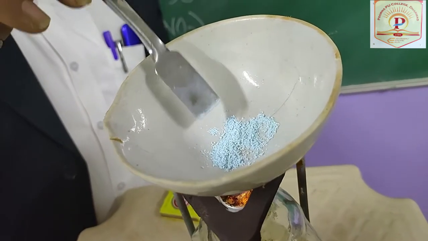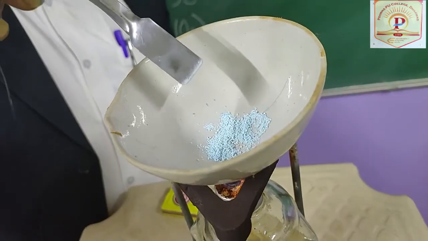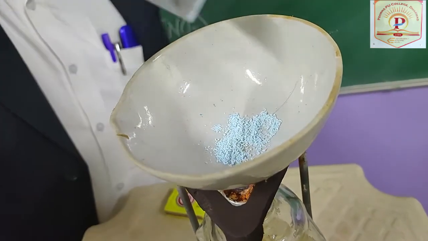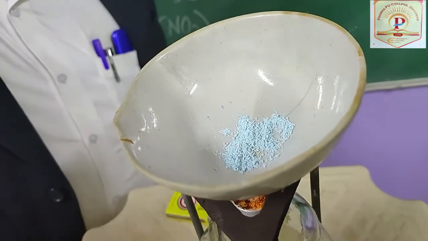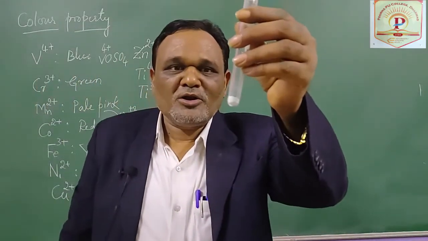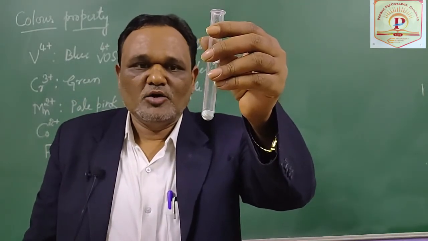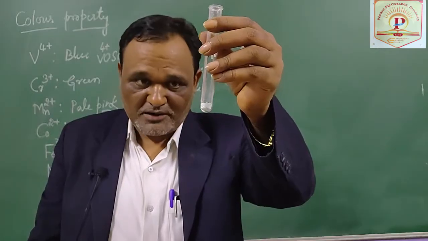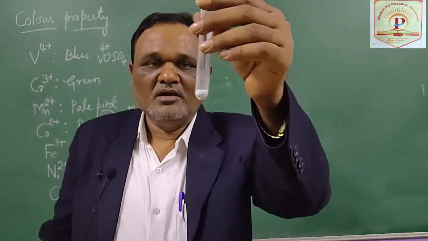So that means after losing the water molecules, it has become colorless. Now I will stop heating and transfer this copper sulfate into the test tube. This is the copper sulfate which I have obtained after heating to remove the water molecules which were present earlier. It is almost colorless.